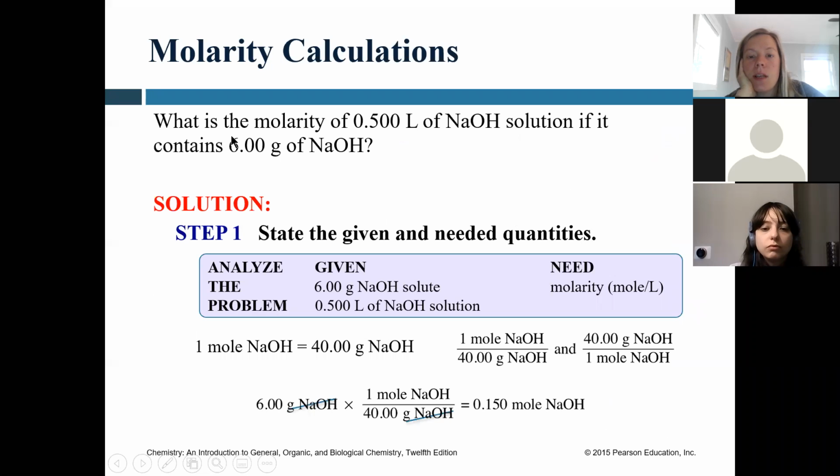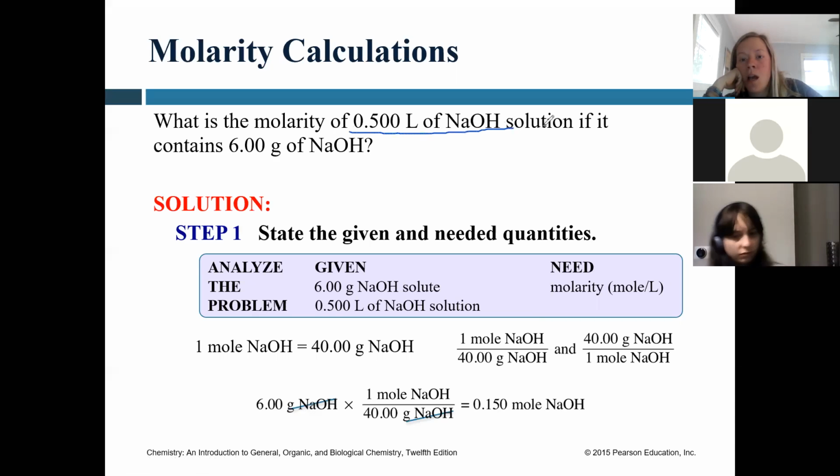So looking at this one, what is the molarity of a 0.500 liter NaOH solution if it contains 6 grams of NaOH? So what is happening in this problem here? You're given the volume of the solution in liters, so we don't have to do anything with that.